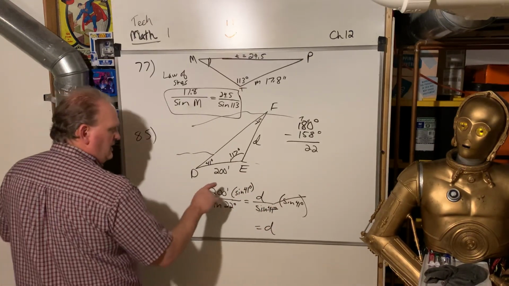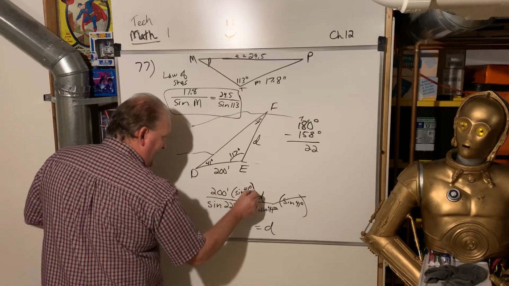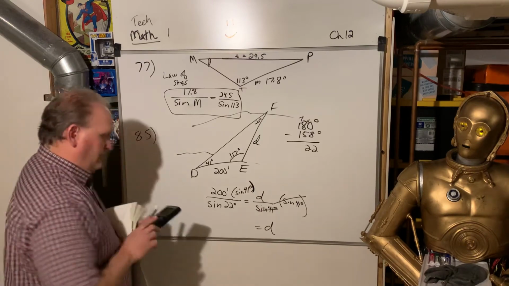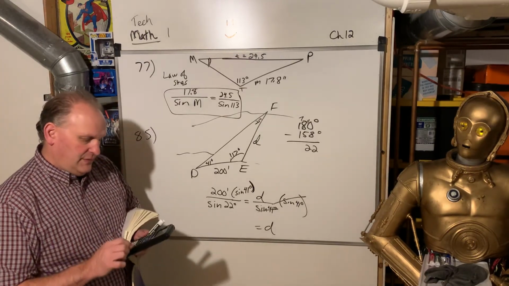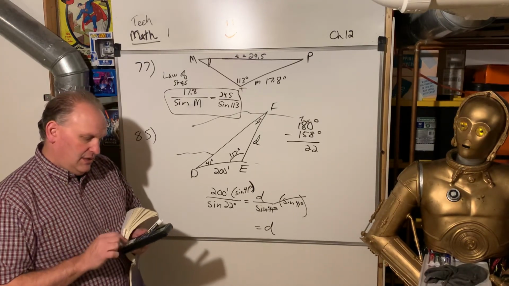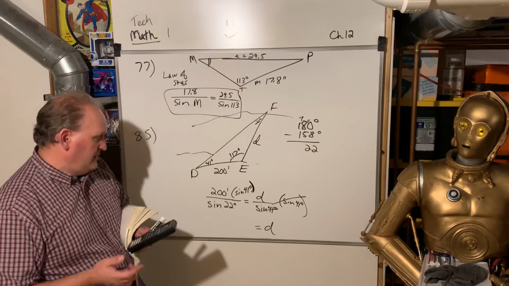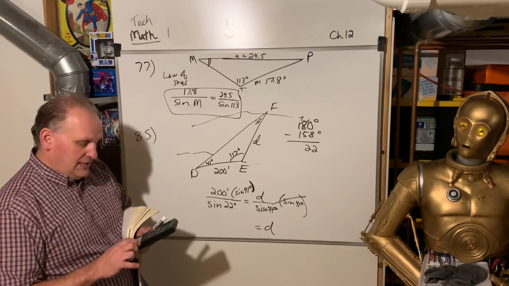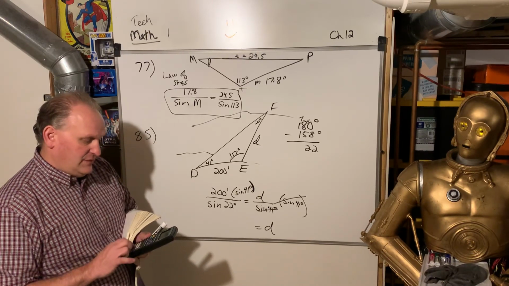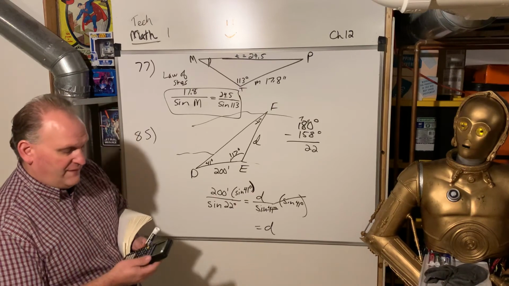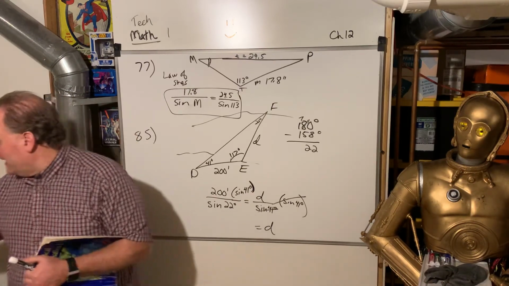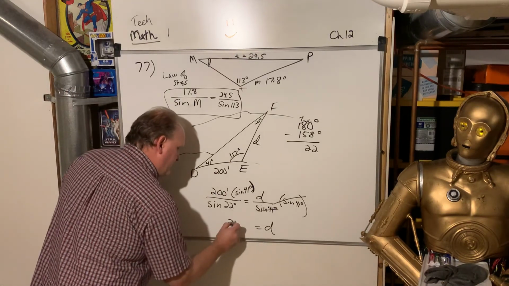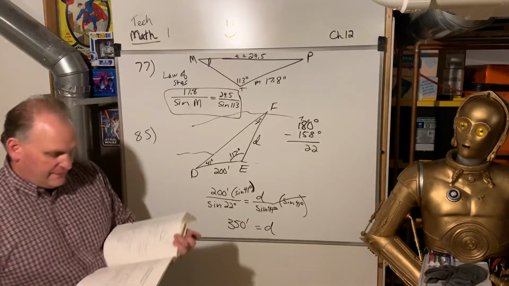So 200 sine 41 degrees, end parenthesis, divided by sine 22 degrees. And let's see what we get. 350.26. They want me to round to the nearest foot, so 350 is the answer.